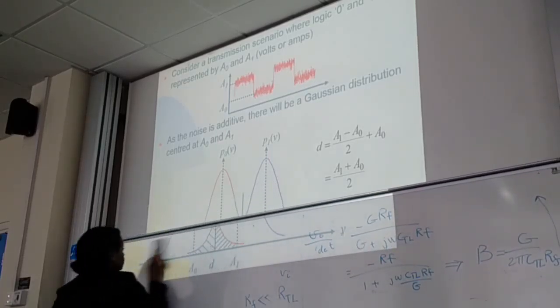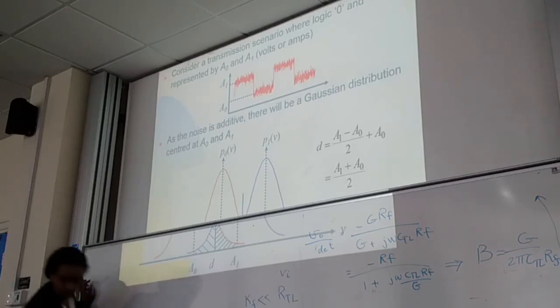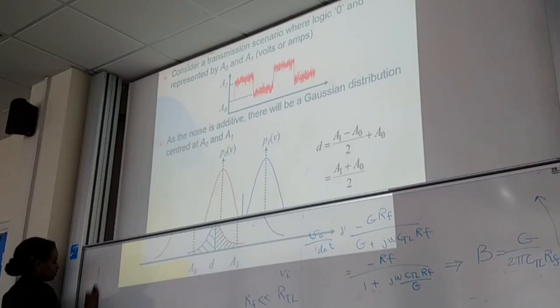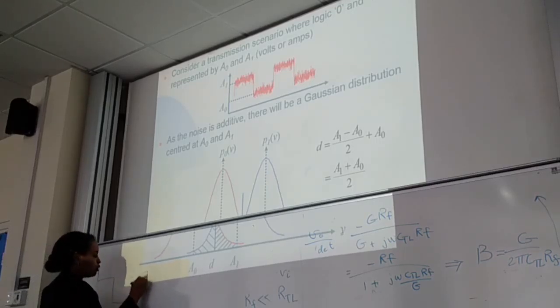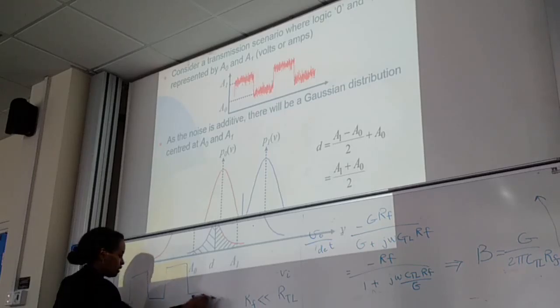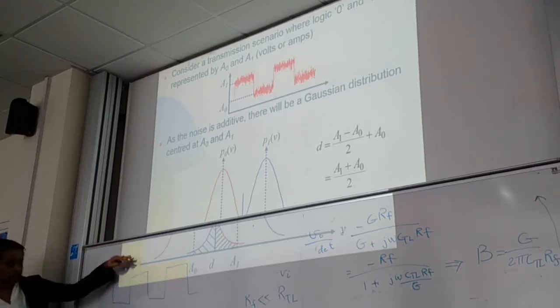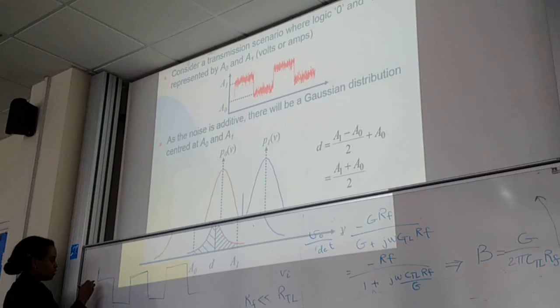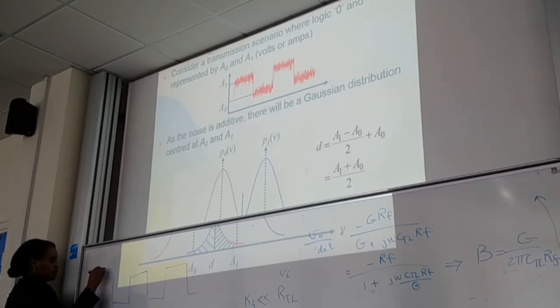Just to make it clear for you, we have this unipolar signal, which has 2 levels as we said, 1 and 0. And we said we'll have additive noise.